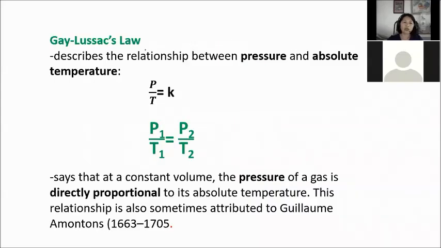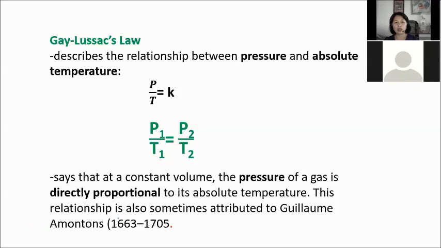Okay, next is Gay-Lussac's law. This describes the relationship between pressure and absolute temperature. So it says that at constant volume, the pressure of a gas is directly proportional to its absolute temperature.